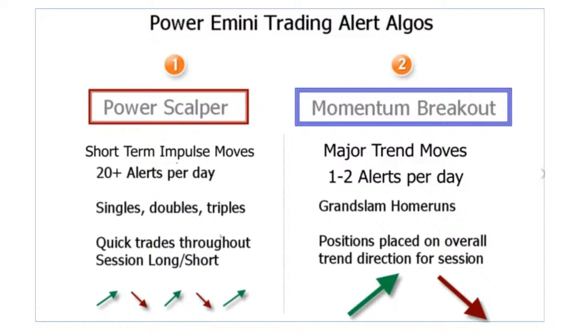Trying to trade consistently and profitably, shooting for like 1 point at a time, I'm not going to say it's impossible, but it's next to impossible. You're not going to be able to make money over the long term doing that. The reason why is because you can only have your stop so tight.